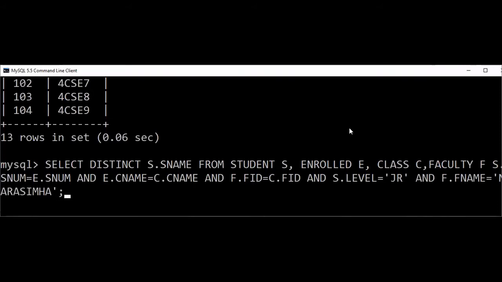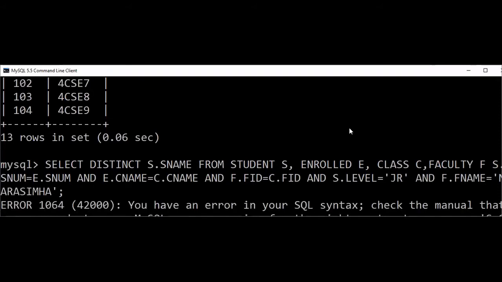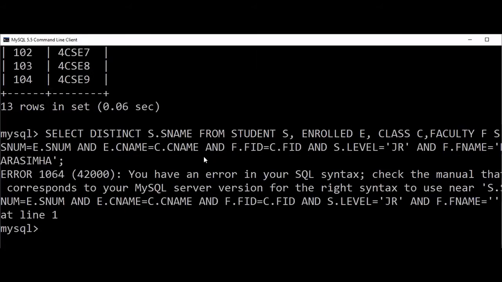I'm executing now. We are getting some error, maybe because some attribute name we have not checked. Select distinct s.sname from student s, enrolled e, class c, faculty f.